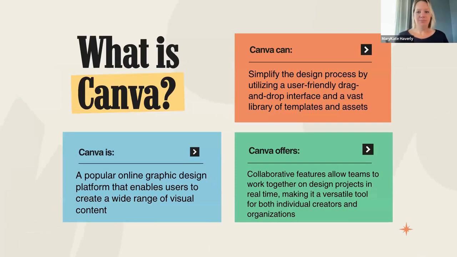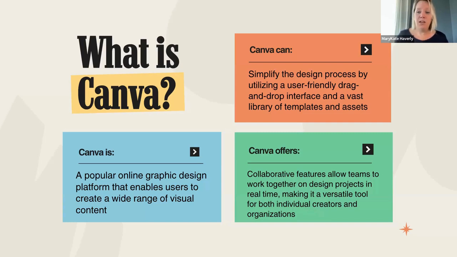All right. So what is Canva? Canva is a powerful online graphic design platform that has recently become a game changer for creating visually stunning educational materials. One of the key strengths of Canva lies in its ability to simplify the design process. So there's no need to be a design expert.